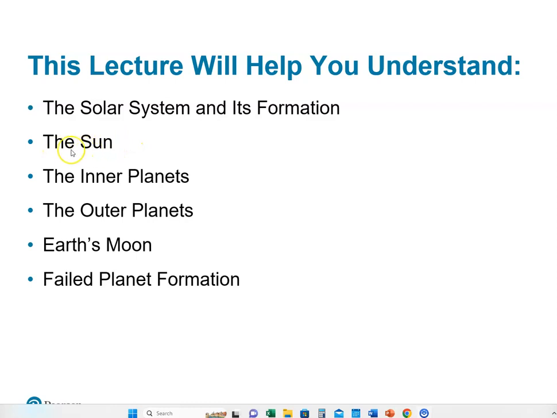The sun, of course, is the major player in the solar system. It is the thing that has the most mass. It is what the entire solar system revolves around. It literally is pretty much the center of our solar system, anyway.